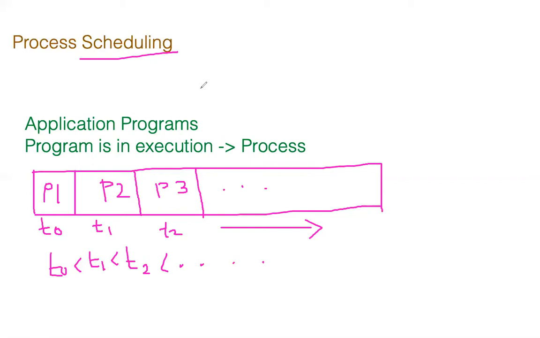Whenever the processes are coming, they get stored. Whenever functions are getting called, they are stored in the system stack. And whenever process scheduling takes place, this is also known as CPU scheduling. Process scheduling and CPU scheduling are one and the same term, which means that whenever a new program starts, it comes and gets stored in an internal queue.